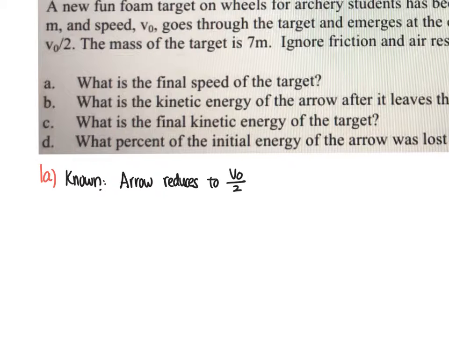The second is the mass of the target, which equals 7m. And we know to ignore friction and air resistance, which is a given, which is good.